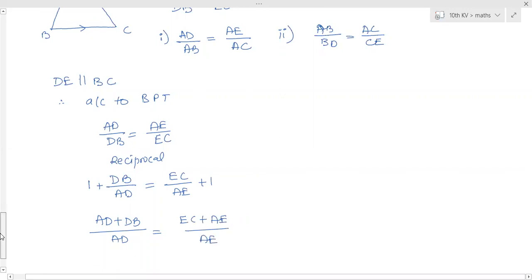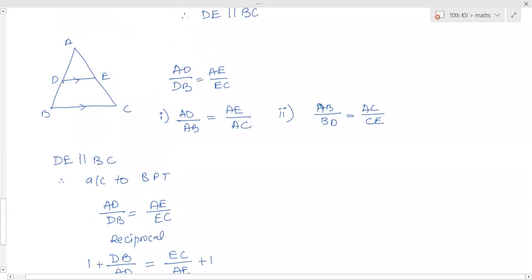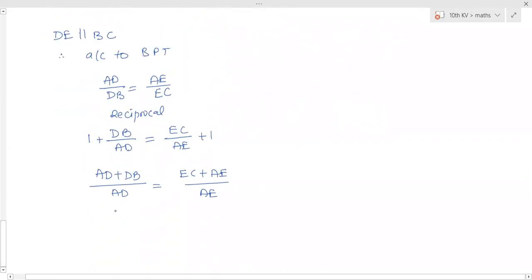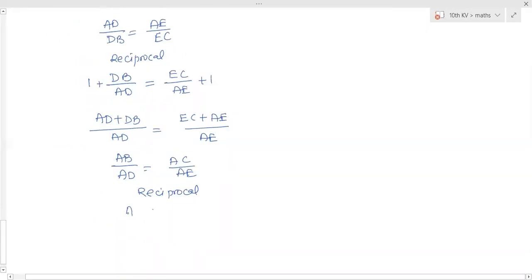AD plus DB is AB, and AE plus EC is AC. So AB by AD is equal to AC by AE. Again take the reciprocal, so AD by AB is equal to AE by AC. This is the first part we have proved.